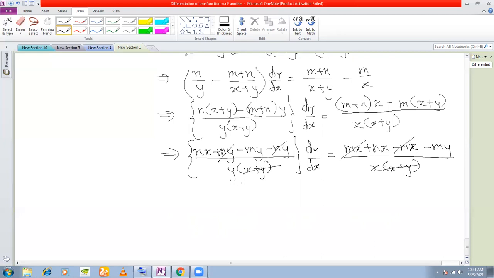Also x plus y will cancel from both sides. What are you left with? On the left hand side, you are left with nx minus my divided by y into dy dx is equal to, here you are left with nx minus my divided by x.